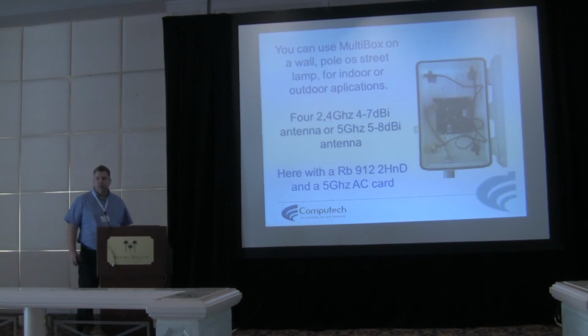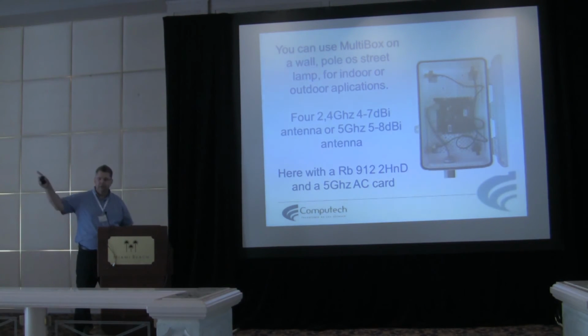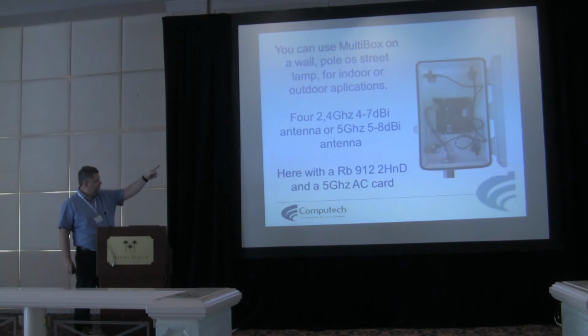You can put all the router boards inside. Here is the 912 to HEND and 5 gigahertz AC card also. Is in the Ogura booth, you can check. With 2 MIMO 4 dBi antennas in 2.4 and 8 dBi antenna in 5.8.